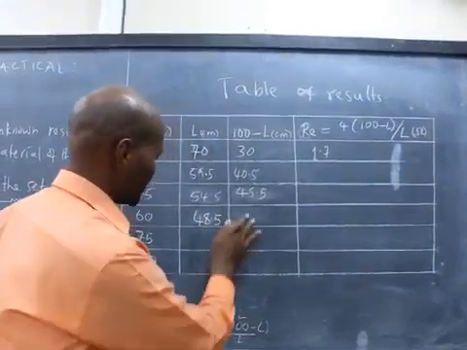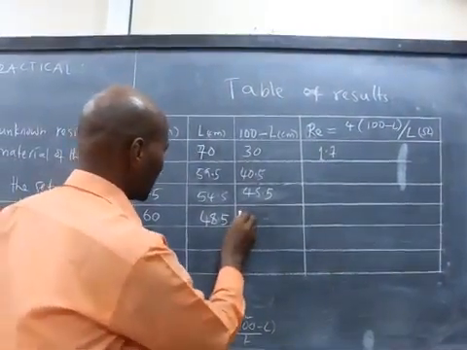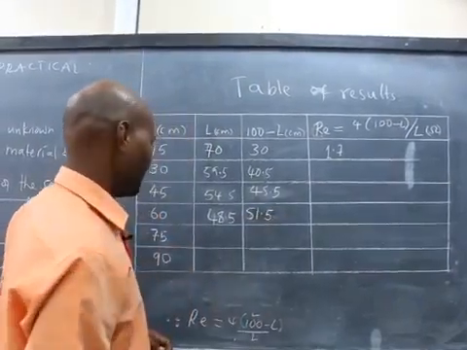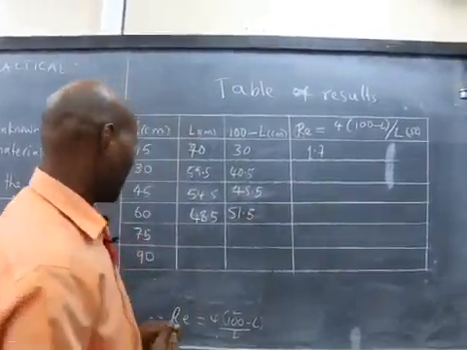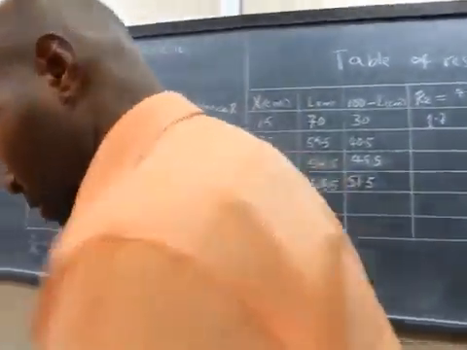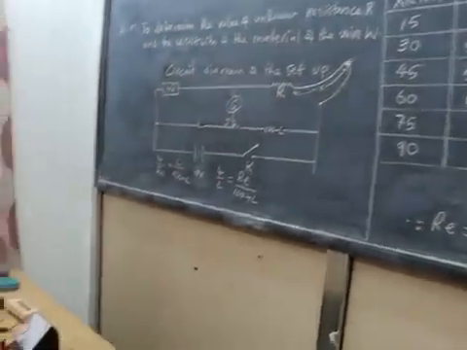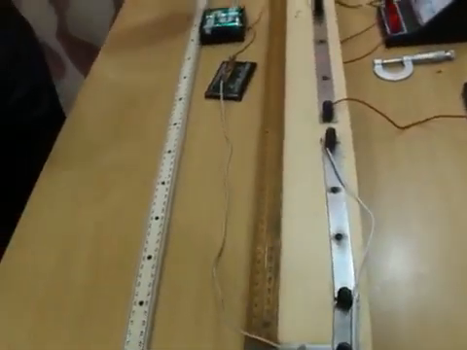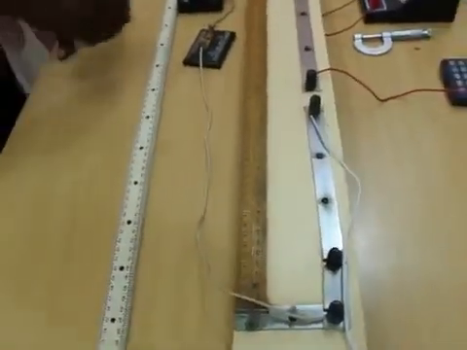So 100 minus that is 51.5 centimeter. Okay, now let's proceed with the next experiment, that is when length is 75, length of wire W is 75.